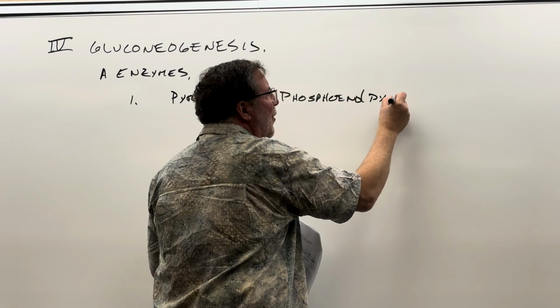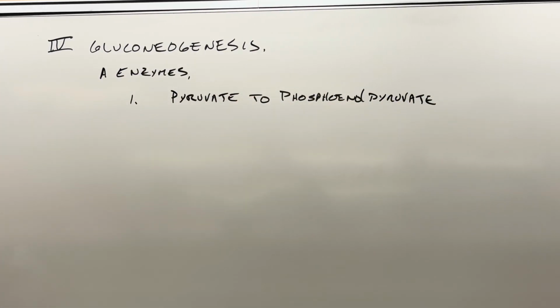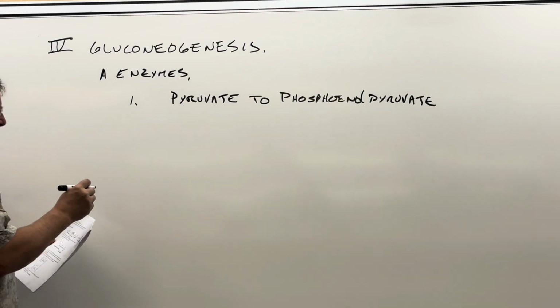This is the reverse of the final reaction of glycolysis. And again, under physiological conditions, the pyruvate kinase just won't go backwards. You have to go a different way. And it's actually a 2-step reaction.